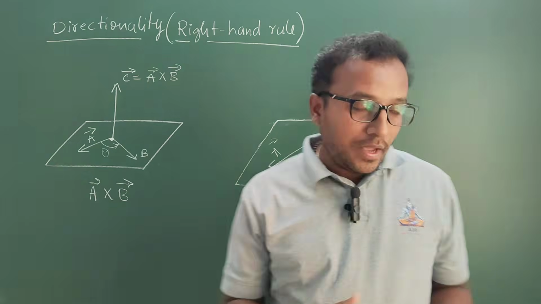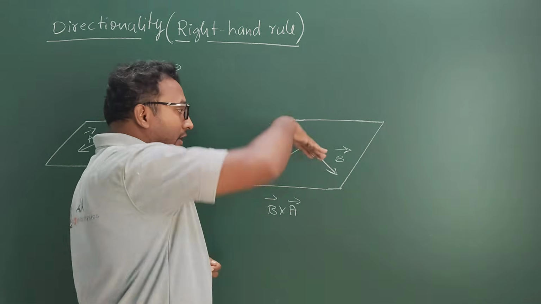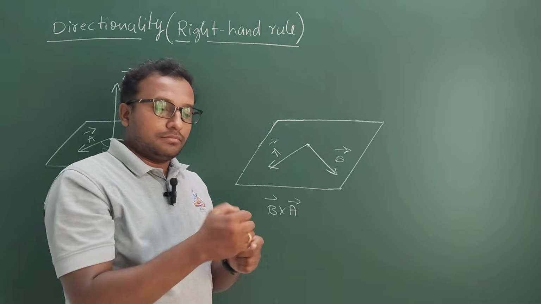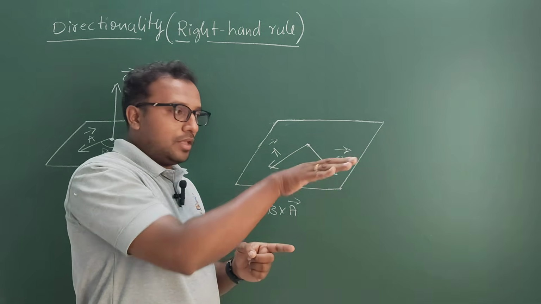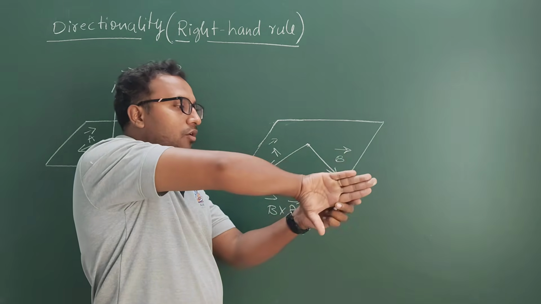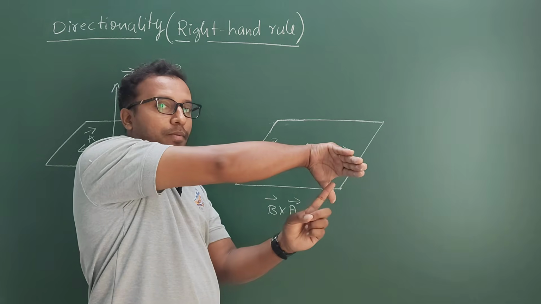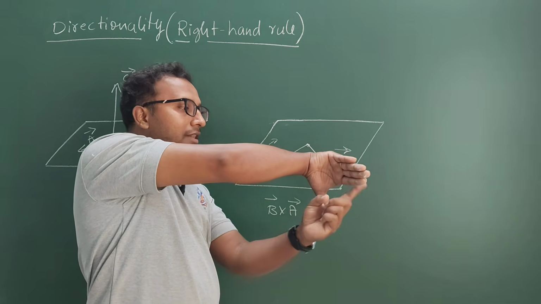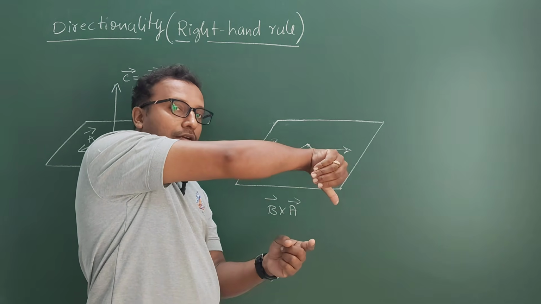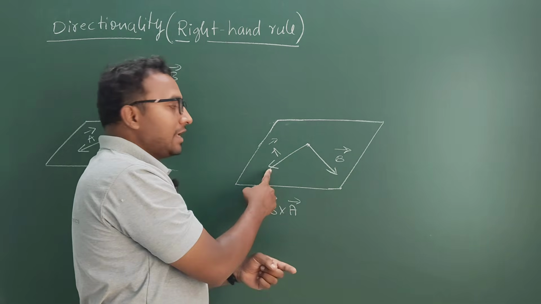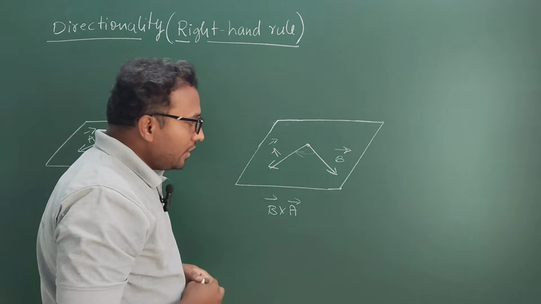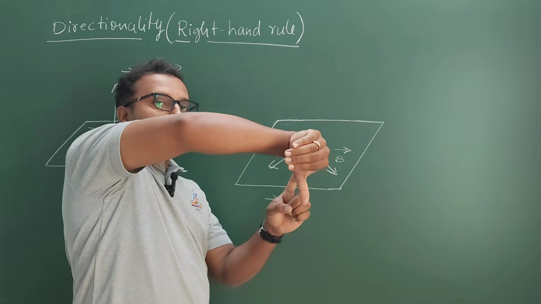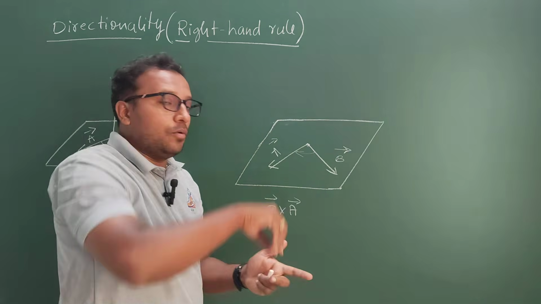So this is how to calculate B cross A. I am holding the direction of these four fingers in the direction of B in the horizontal plane, and these four fingers are now curling, or bending, towards A. So somewhat like this. Therefore the resultant of B cross A is exactly downwards now.